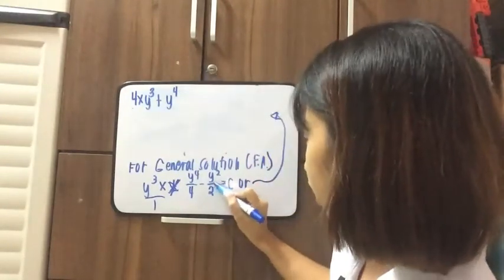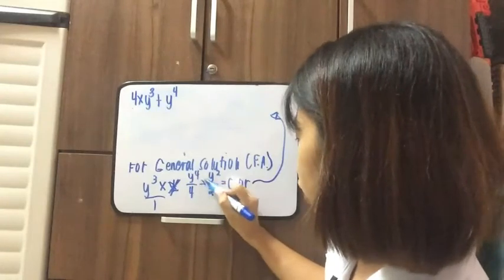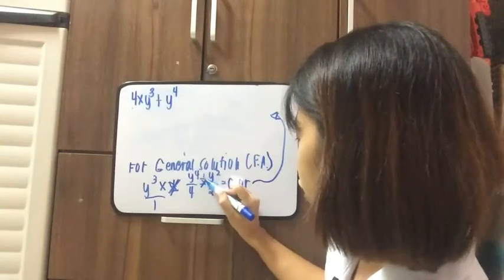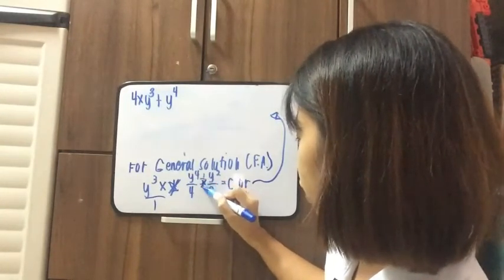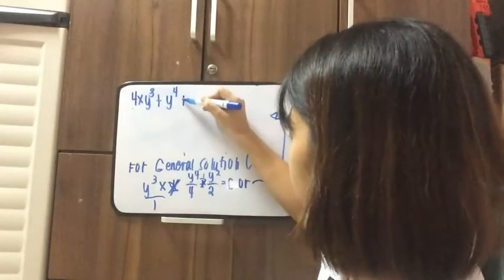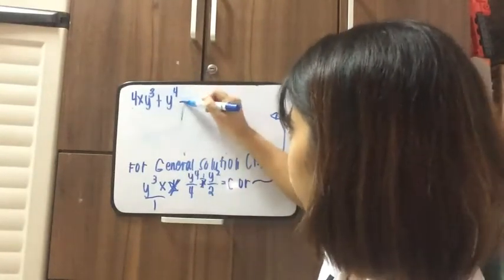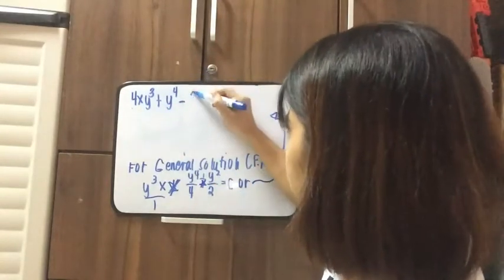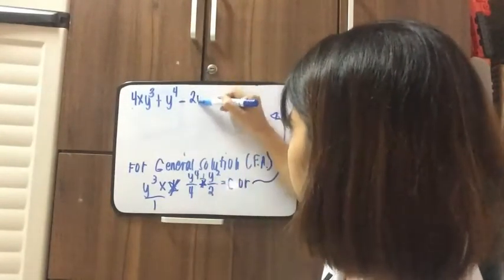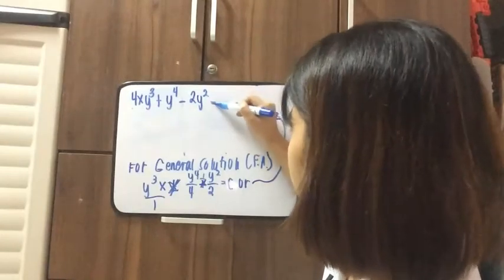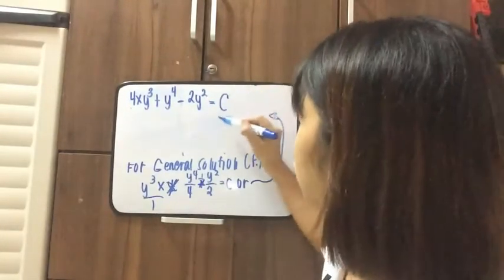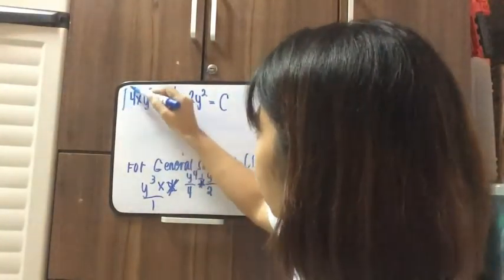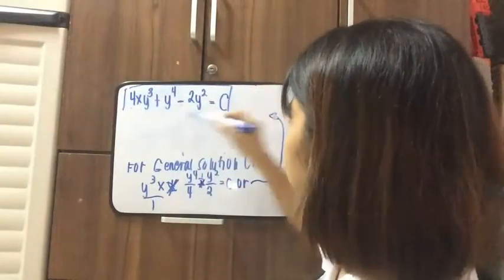So, ito din, pwede natin itong i-cross multiply. So, magkakaroon siya dito ng divisible 1 over 1. So, plus, minus, since minus yung sign niya dito, minus 2y raised to 2 equals c. So, ito na yung ating general solution.